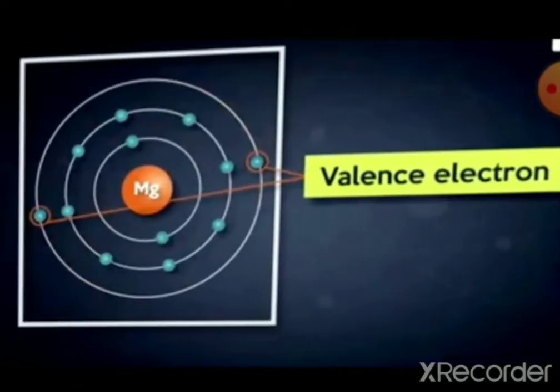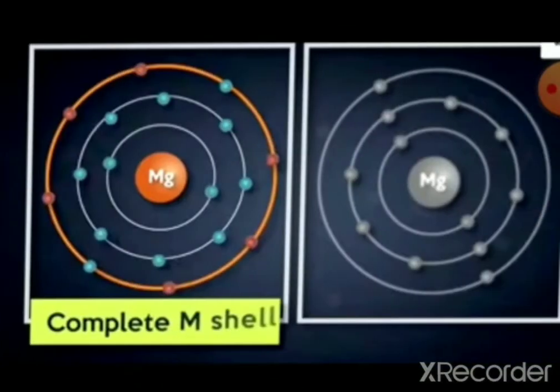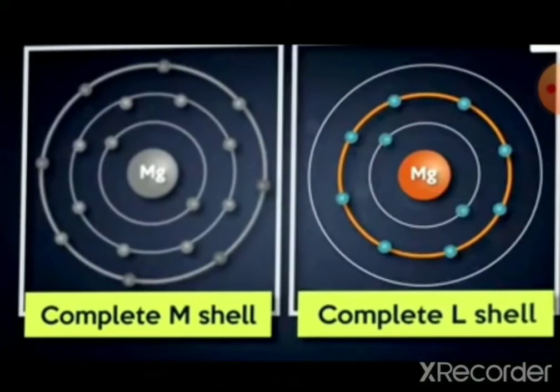To attain its octet, it has two options. It can gain 6 electrons or it can lose 2 electrons to complete its octet. So which one is easier? Is it easier to gain 6 electrons to complete its octet, or easier to lose 2 electrons to complete the octet?